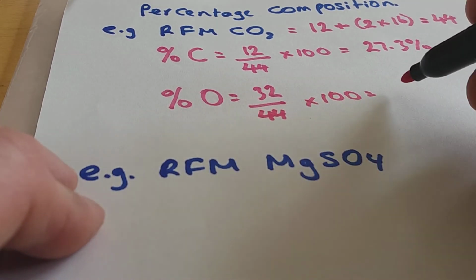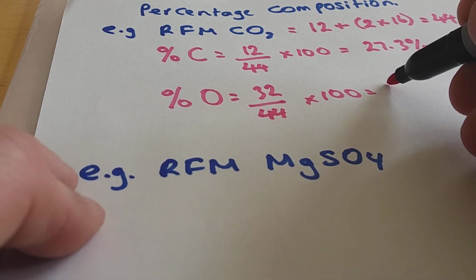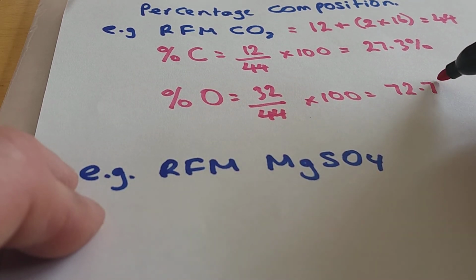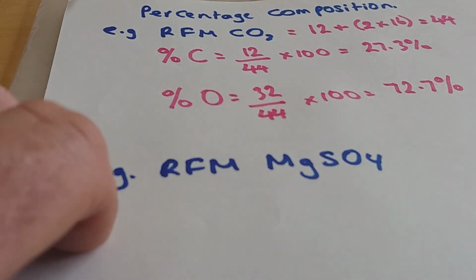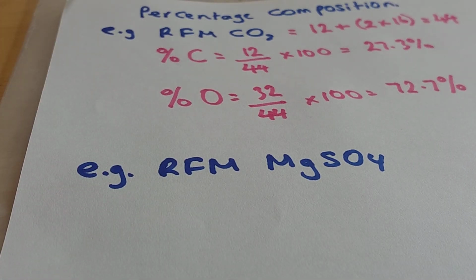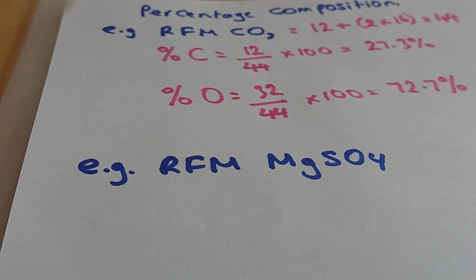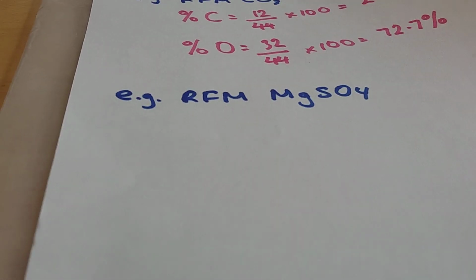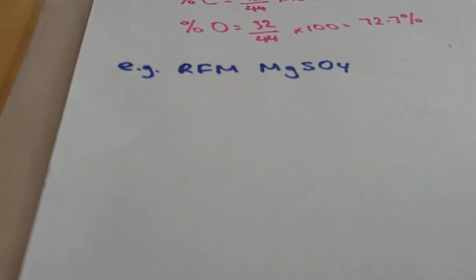And when you work that out, that will come out as 72.7%. Now you may say, oh, we could work out the oxygen quicker than that, just by subtracting 27.3 away from 100. Yes, and I'd use that as my check always. So, whichever is best for you.